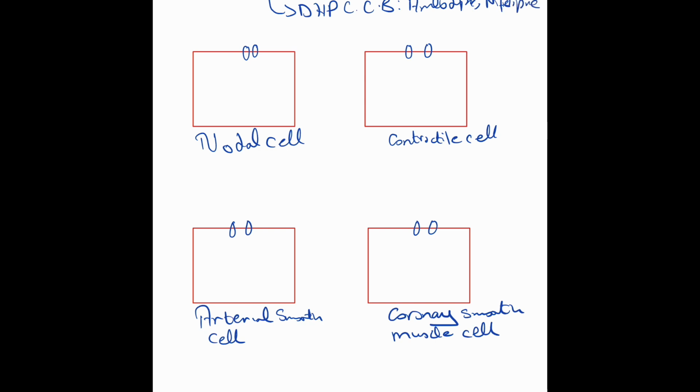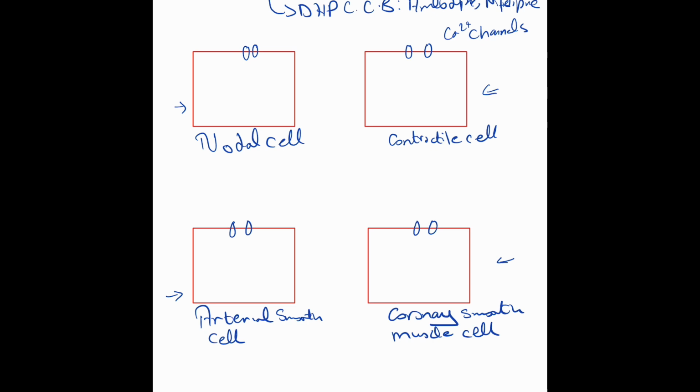You can see here there are 4 different cells: the nodal cells, the contractile cells, the arterial smooth muscle cells, and the coronary smooth muscle cells. All of them have something in common, which is the calcium channels.